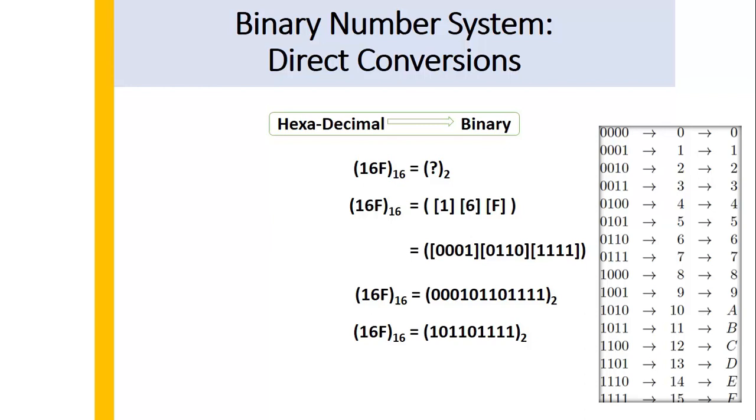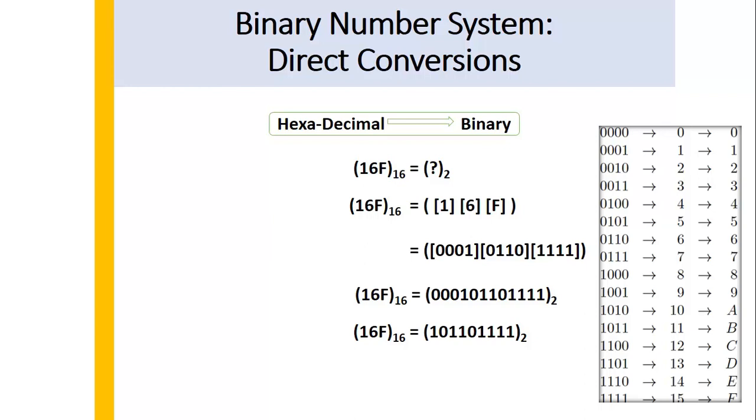Okay, let's start with conversions from hexadecimal to binary. For that we are taking an example right here. The example is 16F, which is in hexadecimal, and we do know that each digit of hexadecimal is represented by 4 bits of binary. So let's separate those 3 digits in hexadecimal, 1, 6 and F, in different sections and write the binary equivalent.